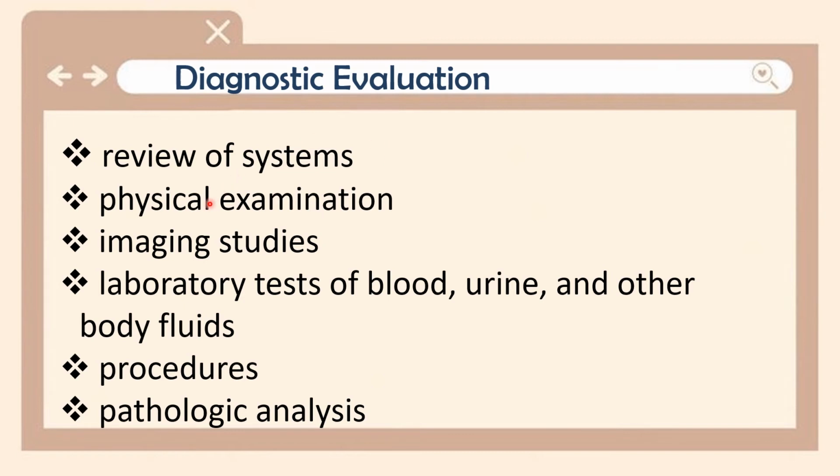So first we have a review of systems, physical examination. So alam po ninyo ito of how to do this because tinuruan na kayo during your HA or health assessment subject. Imaging like MRI or X-ray, laboratory tests of blood, urine, and other body fluids. Or it could be a surgical procedure, and pathology analysis, for example, biopsy. And those are diagnostic evaluations of cancer.